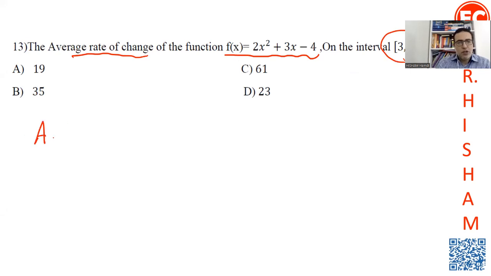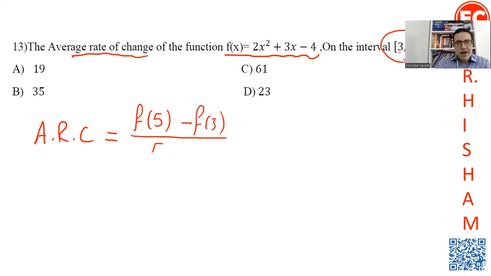If I want the average rate of change for this function, the interval is from 3 to 5. So I find f of 5 and I find f of 3, and then I find the difference between 5 and 3. And I prefer, if you can, to write f of 5 away from the fraction. So what is the meaning of f of 5? The meaning of f of 5 is replacing x with 5.